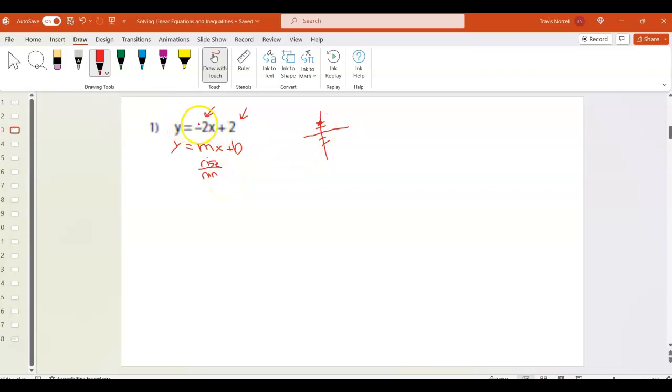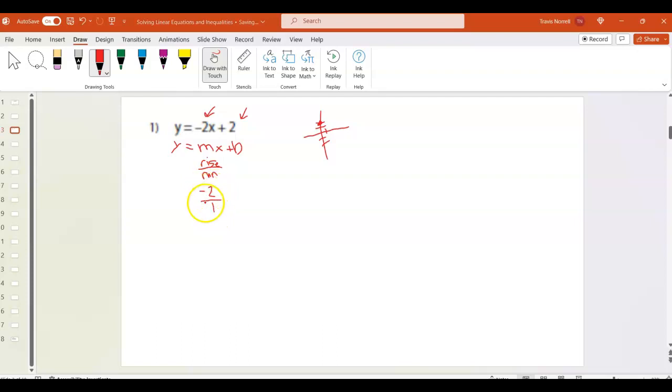So since this is negative, we're going to come down 2 and to the right 1. Now why 1? Well, because our slope is negative 2. We always put a whole number over 1 because 1 will go into 2 whole times. So we can always stick a whole number over the number 1.